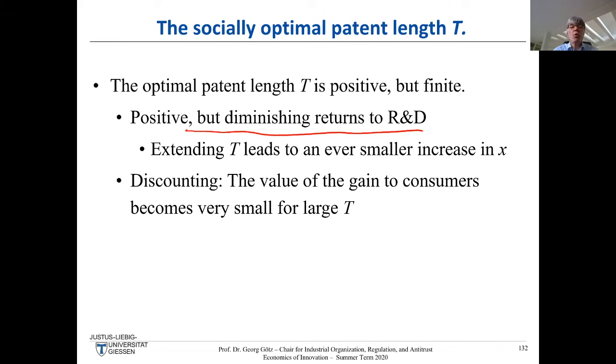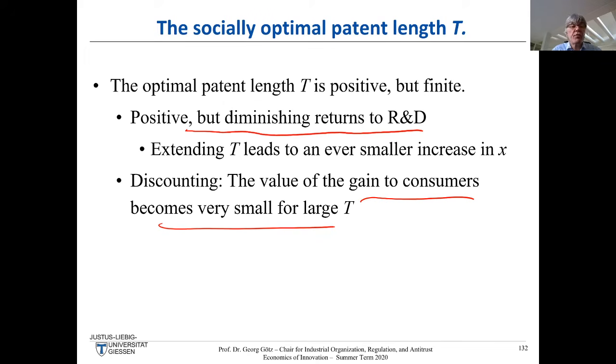It gets ever more expensive to reduce costs, so extending T further leads to an ever smaller increase of X. At the same time, if you increase T very far into the future, the value of the gain to the consumers is really negligible. Because if you get something only after 50 years and discounted by 2 or 3%, it has basically a value of 0 today.